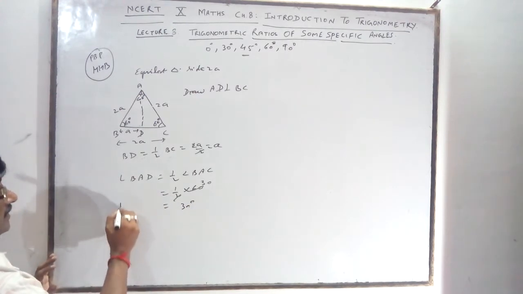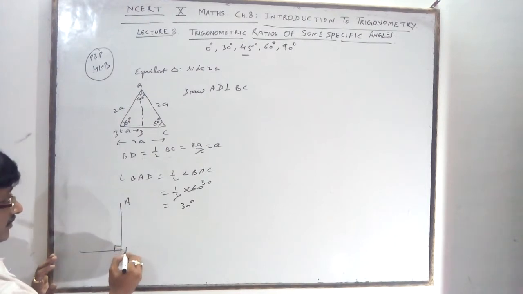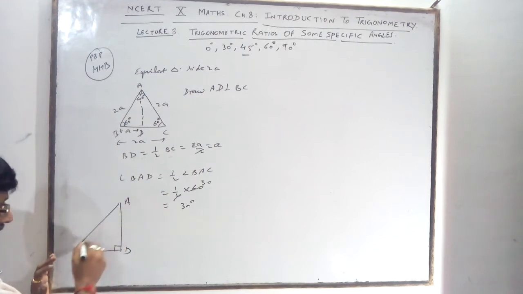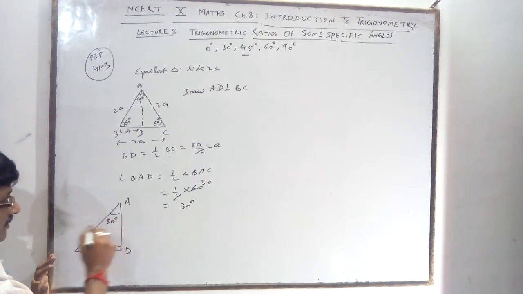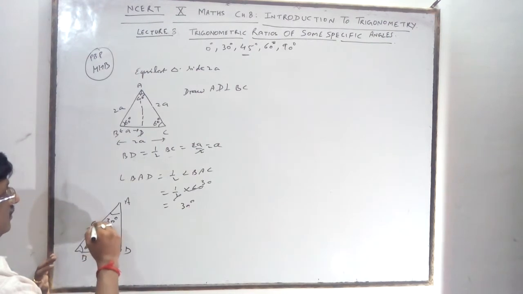Now in this triangle you will see one right triangle you are getting, ADB. This or this, any one triangle you take, here you are getting 60 degree, here you are getting 30 degree. Both you are getting in the same figure. Here it is A and it is 2A.